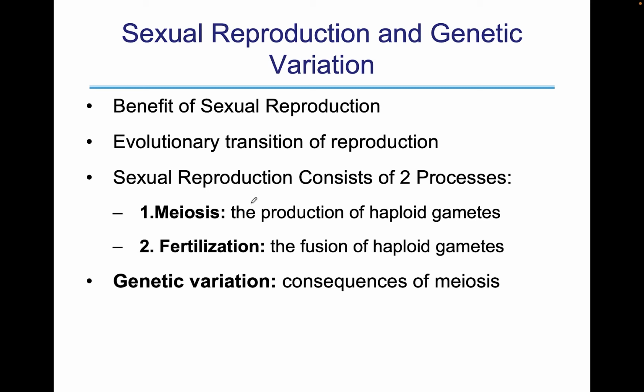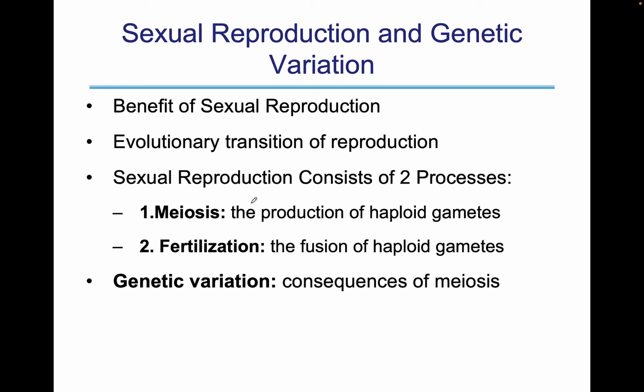It consists of two processes, okay? The first process is meiosis, and that is the production of haploid gametes. Remember, we talked about haploid and diploid. Diploid is an organism that has two copies of genetic information. Haploid has half, or only one copy of the genetic information.